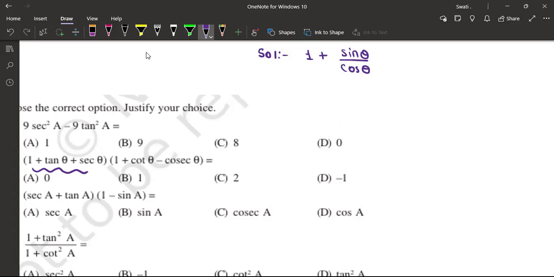And then I can write down this sec theta as 1 upon cos theta. Why? Because we have a formula, right? So what formula have I used? I have used 2 formulas here. Tan theta, which is sine theta by cos theta. And there is another formula that I have used, that is of sec theta, which is 1 upon cos theta.